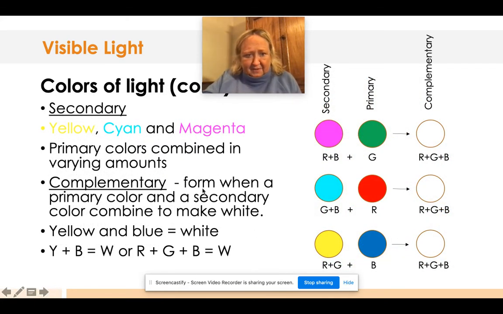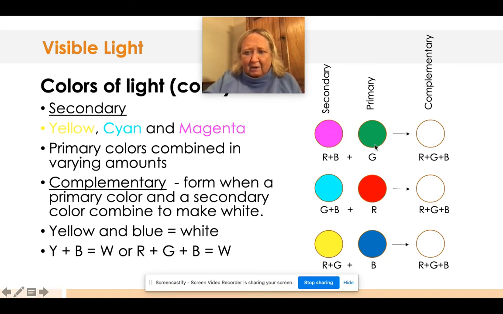Secondary colors are yellow, a color called cyan, I think I said that right, and magenta. Those are primary colors that combine in different amounts. So maybe red and blue produce a secondary color.